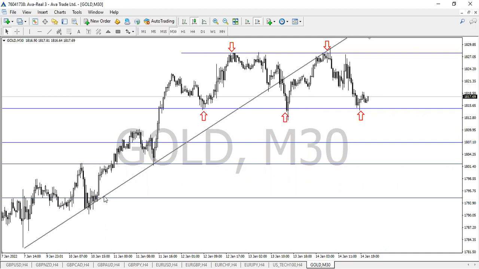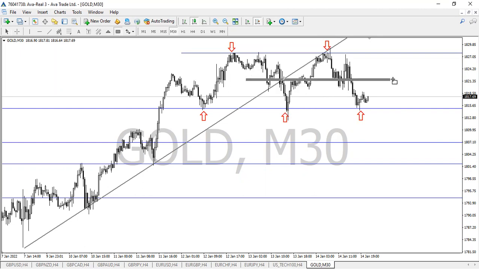So gold was on what? Uptrend. And on uptrend, we only look for buy opportunities. The reason I'm mentioning that gold was on uptrend is because the chances are that gold is going to change the trend, which means we might see gold going down. For now, it can always go up.